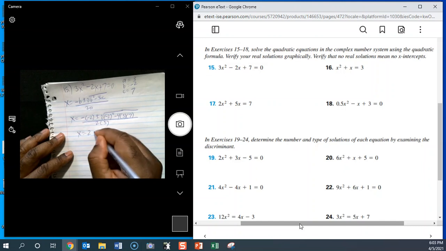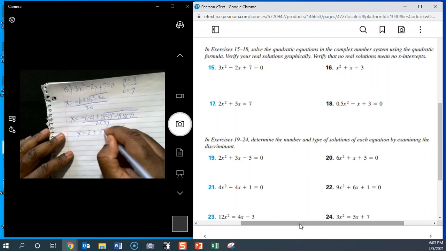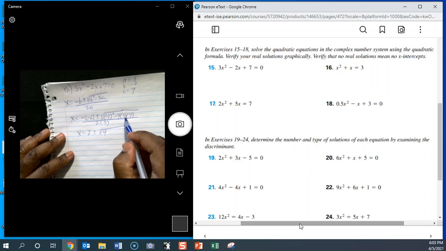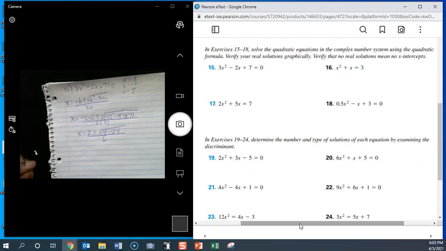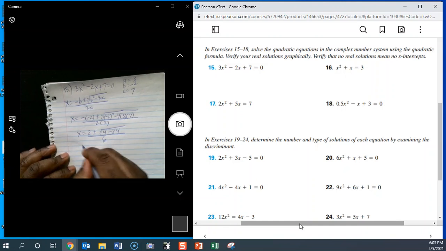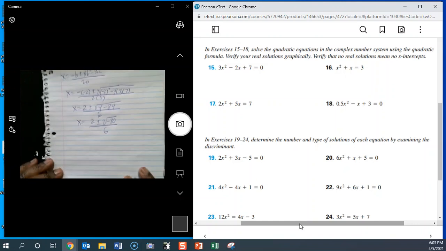So it'd be x is equal to 2 plus or minus the square root of 4 minus 4 times 3 is 12 times 7 is 84 all over 6. All right. So now we will have x is equal to 2 plus or minus the square root of -80 all over 6.